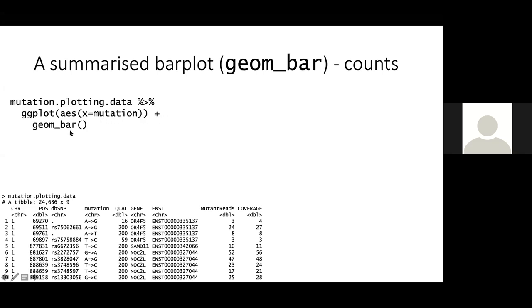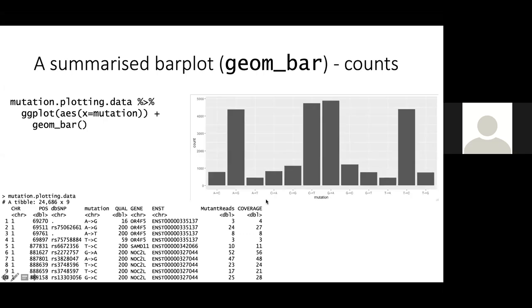We just need the mutations plus geom_bar, and this is the kind of mutations graph we have in the form of counts. Because we didn't give values for the y-axis, it shows us only the mutations that we key in. We define the x-axis as mutations, so it brings up the mutations in the graph.